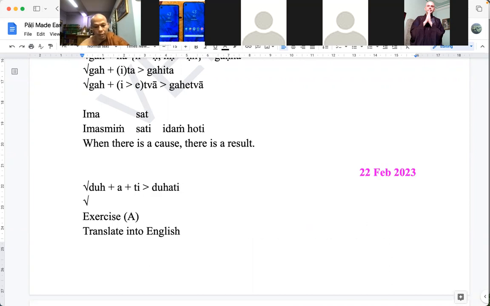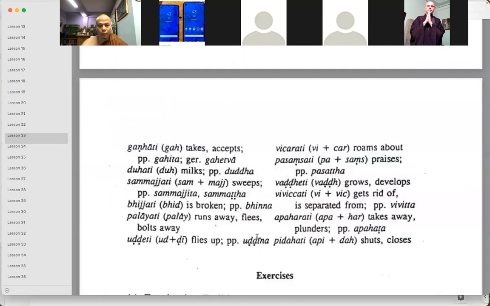But for the past participle, the root duh, her, and then the past participle suffix ta. Here ha, ta is changed to dha, dha. So that is why, as a past participle, it is dudha. Dudha, that is here, you see, dudha.